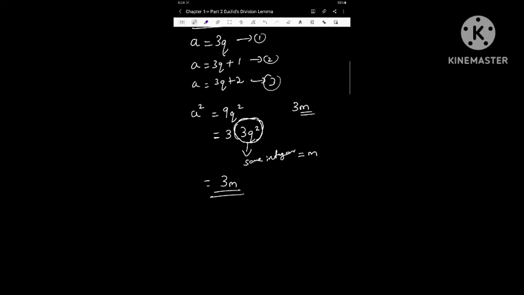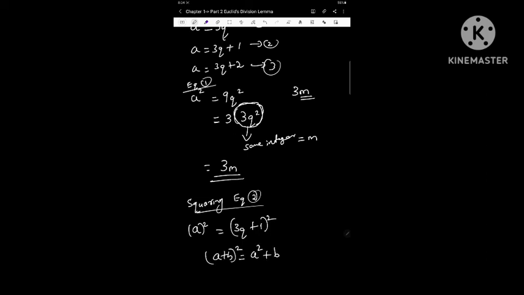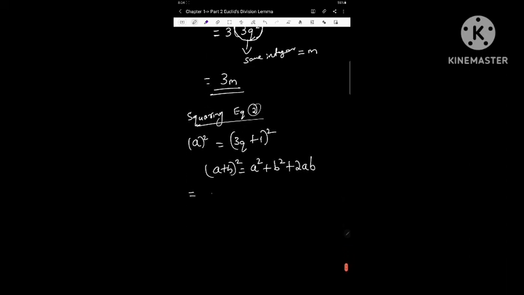Now let's square the second equation. This is for equation 1. Okay, now squaring the second equation, what do we get? a square equals 3q plus 1 whole square, and we know the formula of a plus b whole square equals a square plus b square plus 2ab. So now let's write that. So this will be 9q square plus 1 plus 6q. Right.